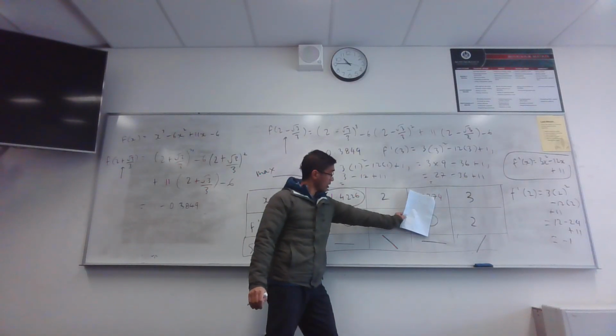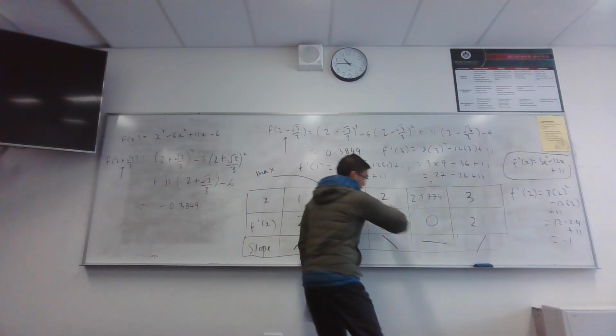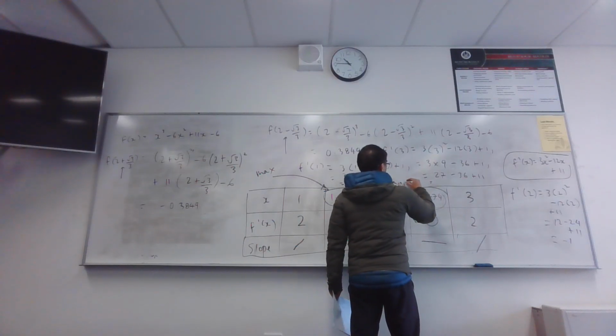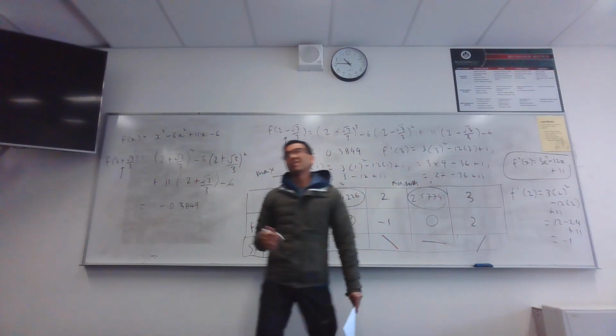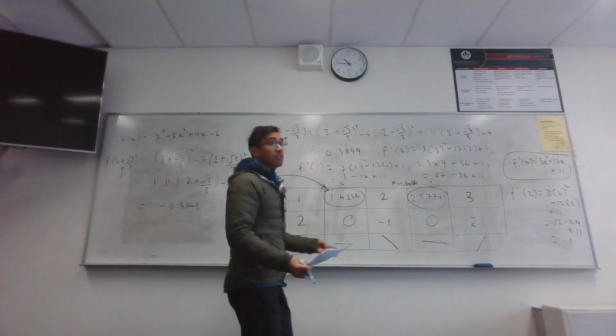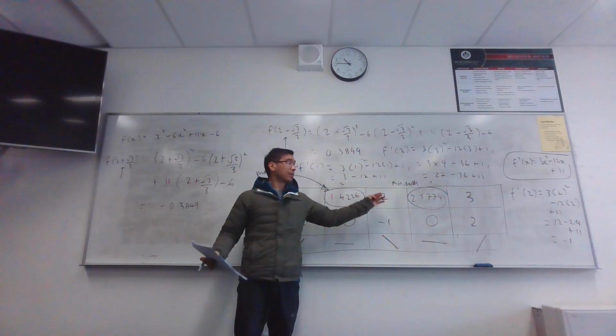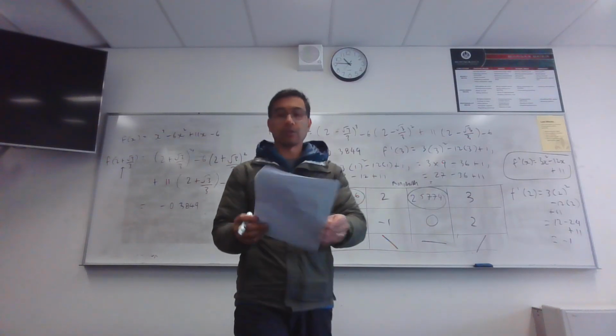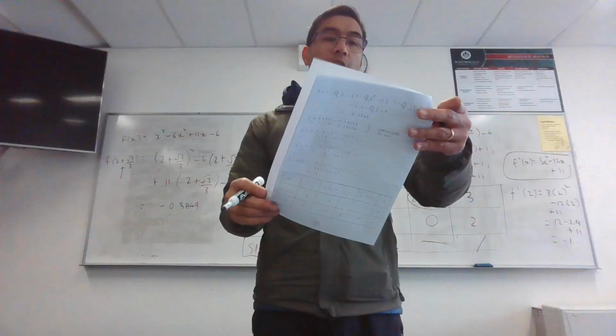Over here, a stationary point is like that. It's a minimum. Okay. It's a lot of work, but you need to be able to do this. Obviously, your CAS will do it straight away. Okay, but you need to get used to doing that. Okay.